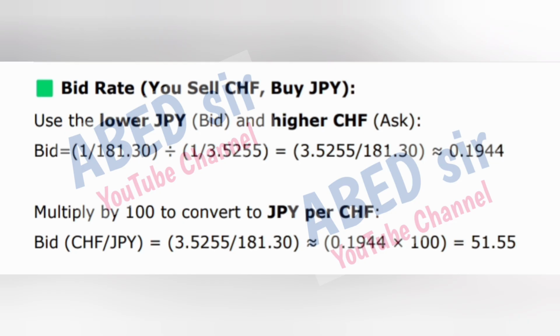Multiply by 100 to convert to JPY per CHF. Bid Swiss franc to Japanese yen is equal to 3.5055/181.30, 0.1944 times 100 is equal to 51.55.